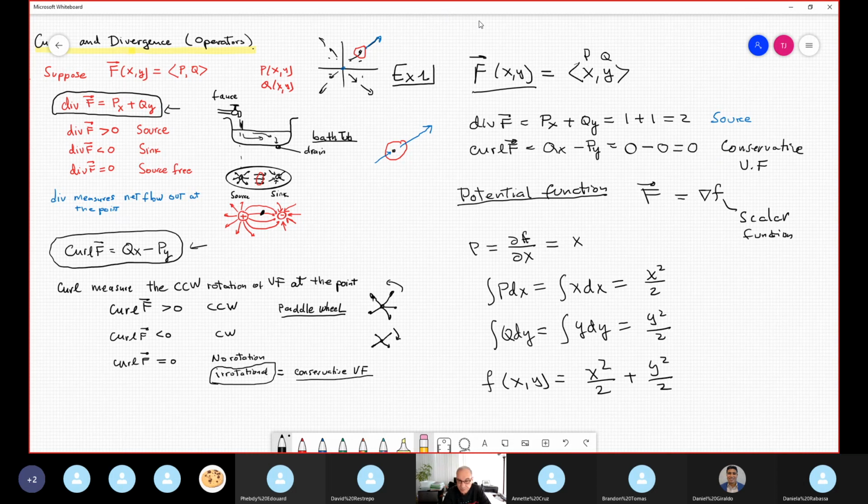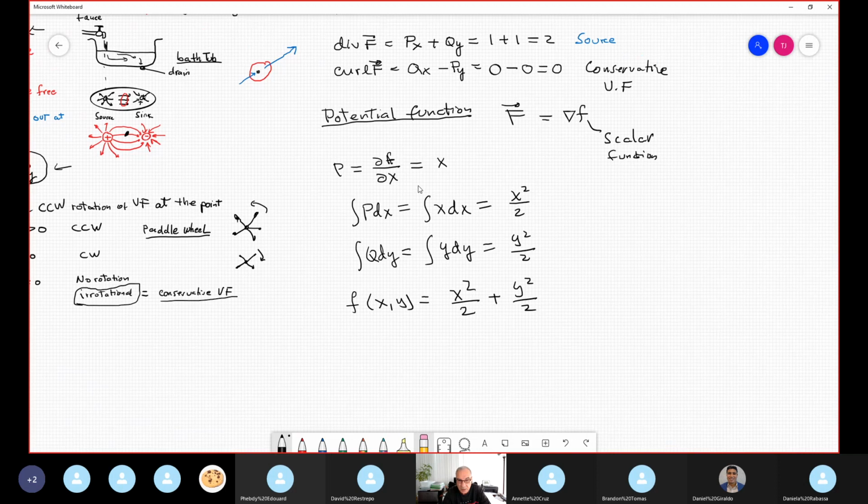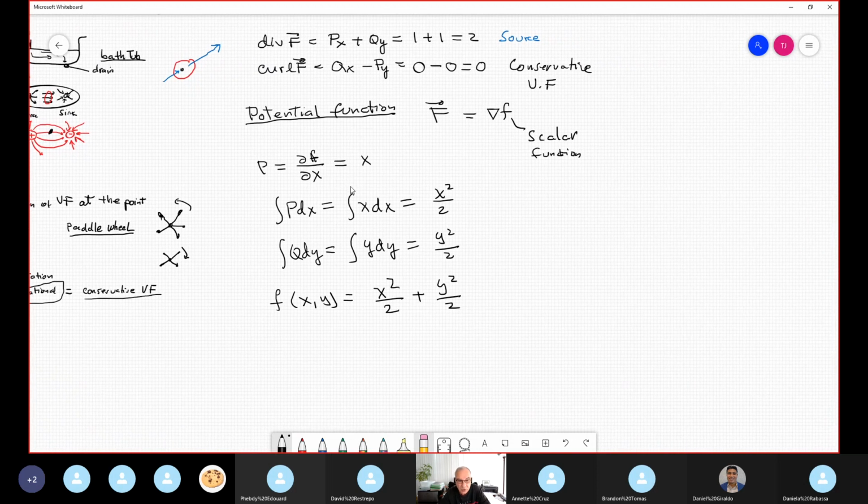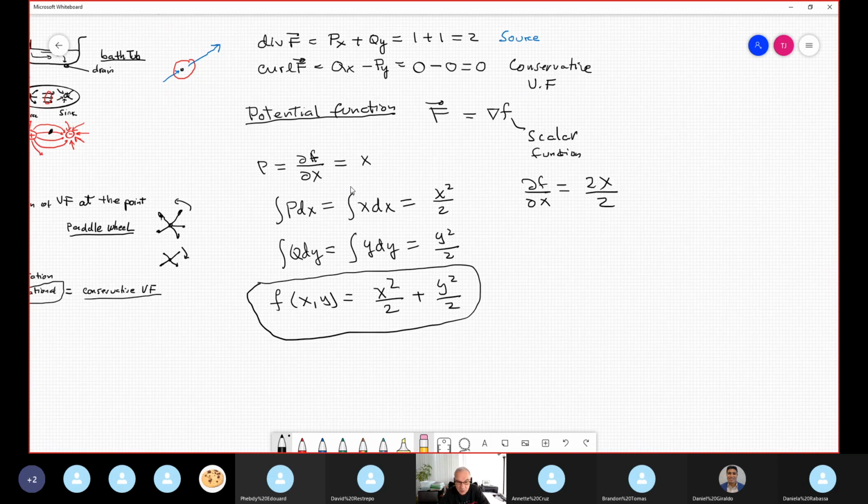And the story. Suppose I'm doing it backward. Suppose I don't know this. Suppose I apply the gradient of this function. The derivative of this with respect to x is equal to 2x over 2, and the derivative of this with respect to x is 0.